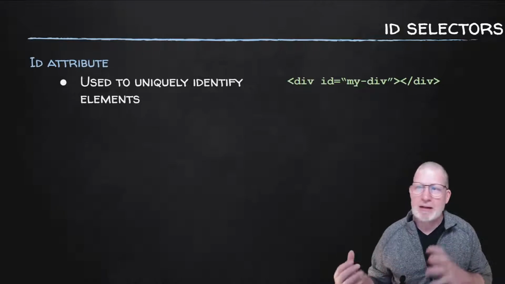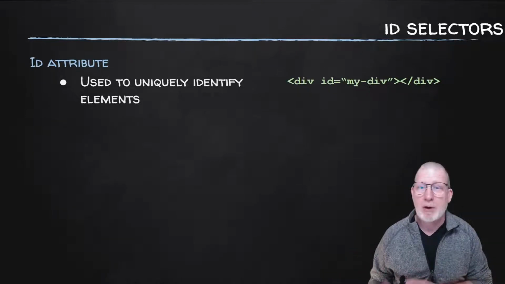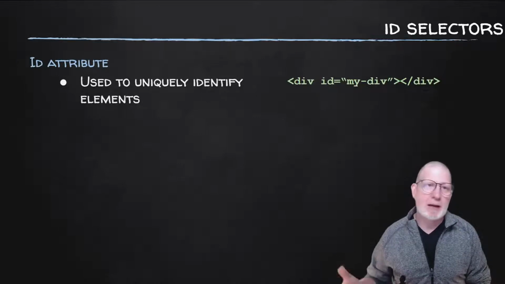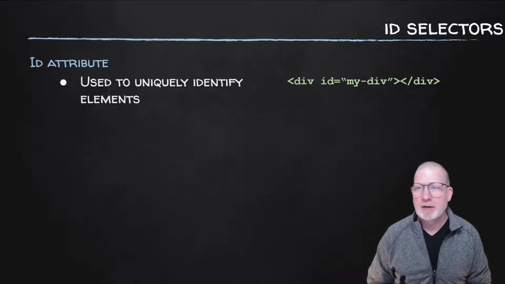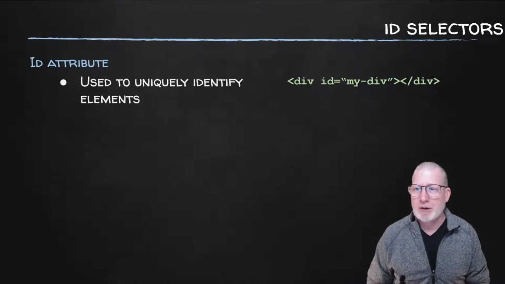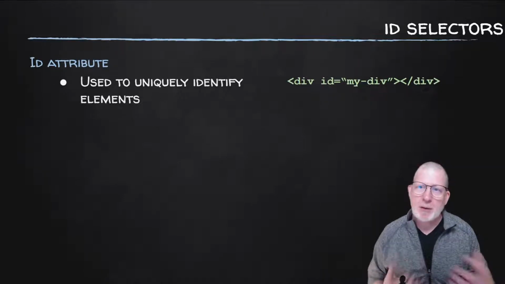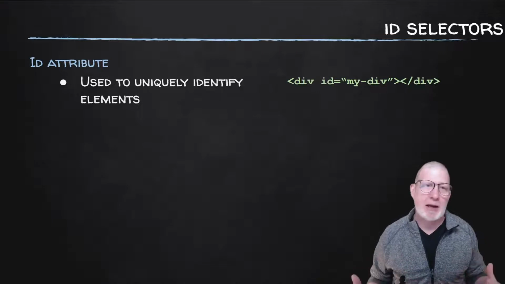So if you use the ID in more than one location, Chrome only applies it to the first one. If you do that in the exact same page and CSS in Firefox, Firefox will apply the styling to the last div it finds. Just the way in which they're searching for things. So we typically try and keep our styling away from the IDs.